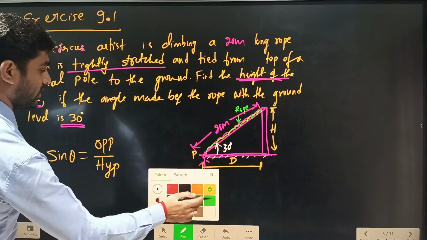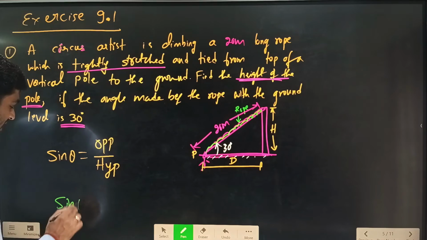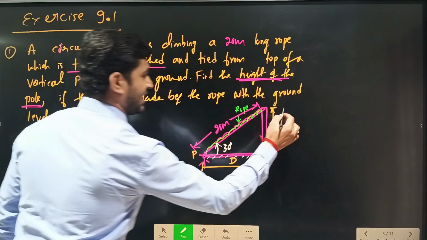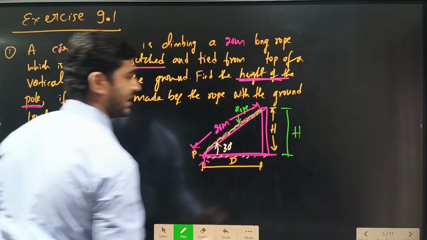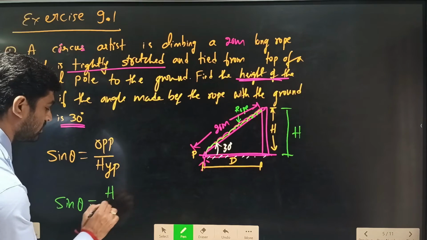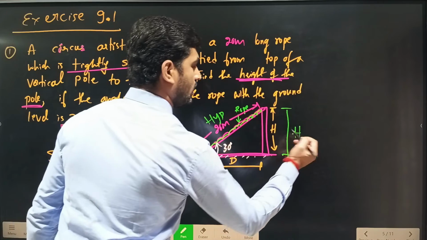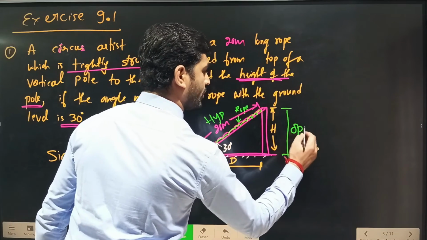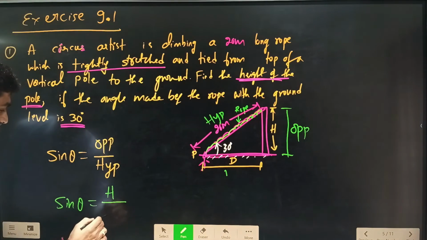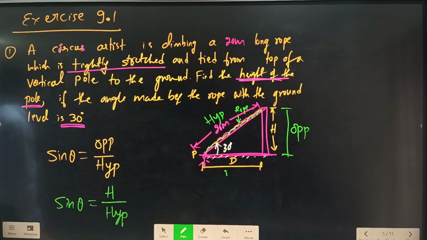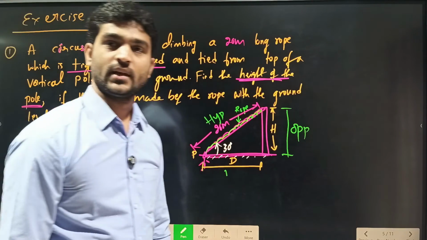That is a standard thing. But sin theta can also be expressed as opposite, which is the height of the pole h, by the hypotenuse side. I have taken the opposite as h, that's all. Here h is the height of the pole.